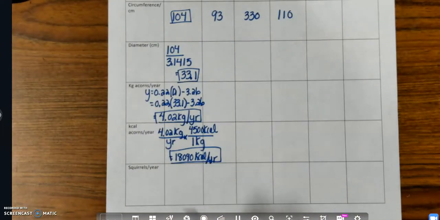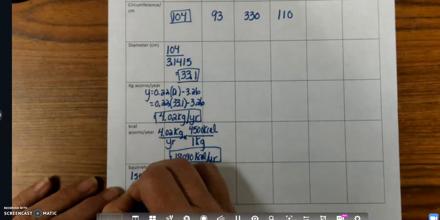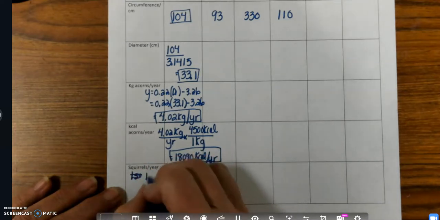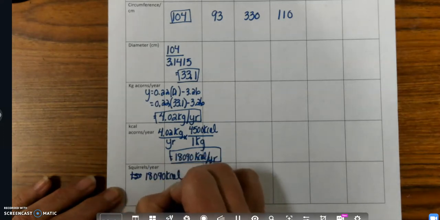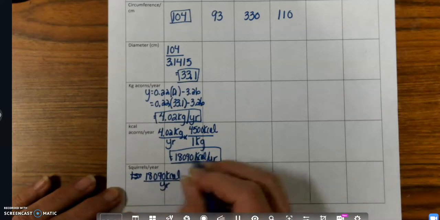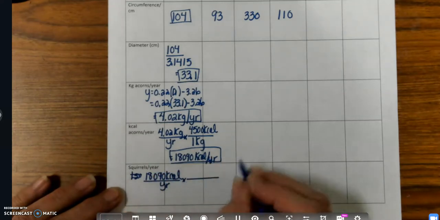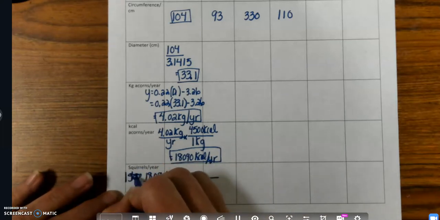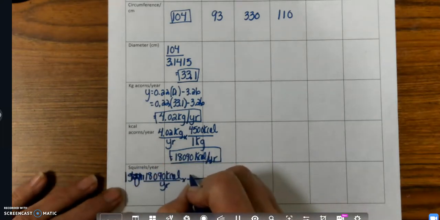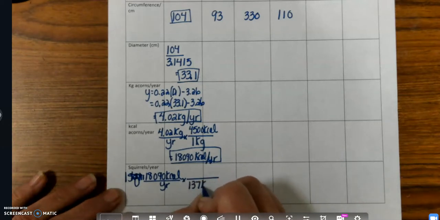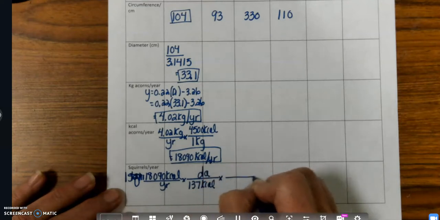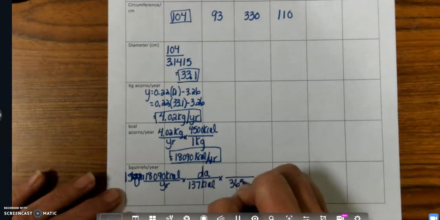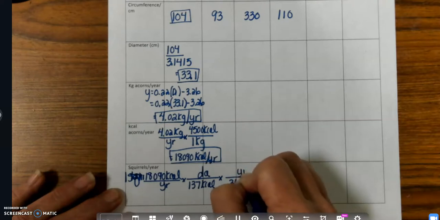So I'm going to start with kcals: 18,090 kcals per year, right? Now we know that one squirrel needs 137 kcals per day, and there are 365 days per year.